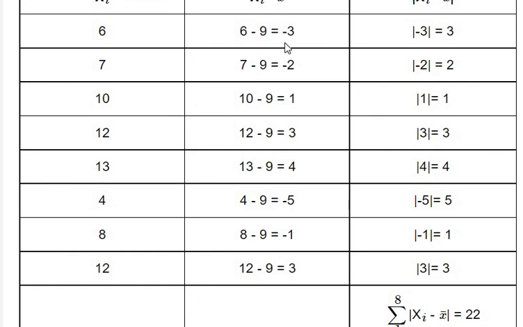When we take these values between two straight lines, minus 3 becomes 3, minus 2 becomes 2, 1 becomes 1, 3 becomes 3, 4 becomes 4, minus 5 again becomes 5, minus 1 becomes 1, 3 becomes 3. So with these variables, we found x minus x bar, and when we applied modulus, all the values became signless.